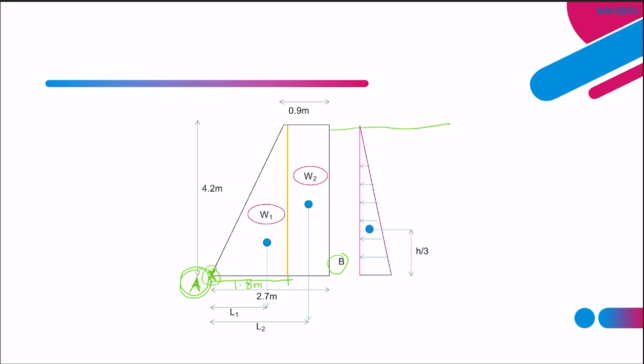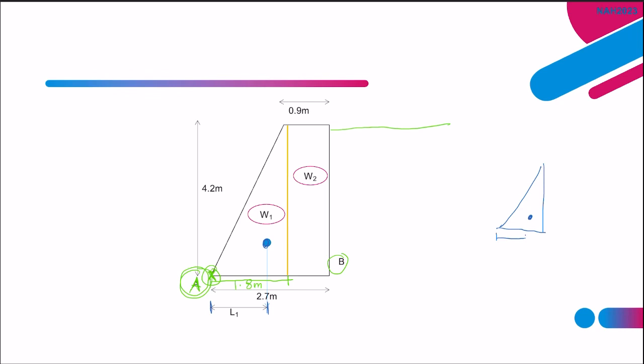So for our first triangle here, we need to get the distance from the centroid to point A, meaning this L1. As we know, for a triangle, the area on the right side is larger, meaning that the center of gravity will be more towards the right, and we know that this one is 2/3B and this one is 1/3B.